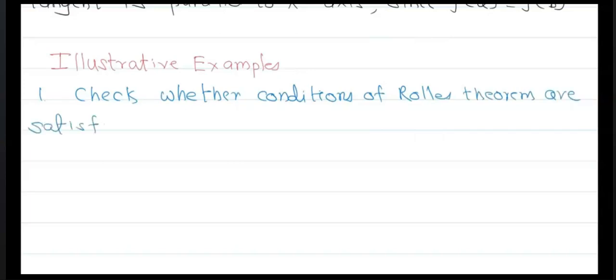Check whether the conditions of Rolle's theorem are satisfied by the following.